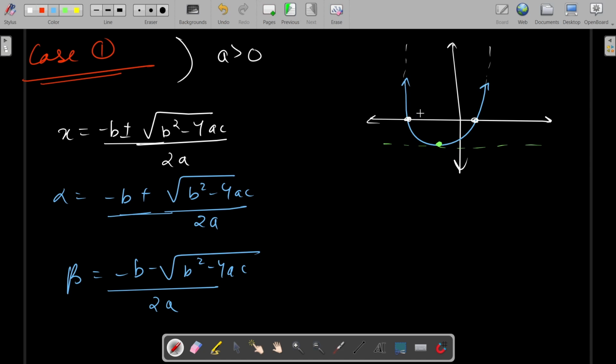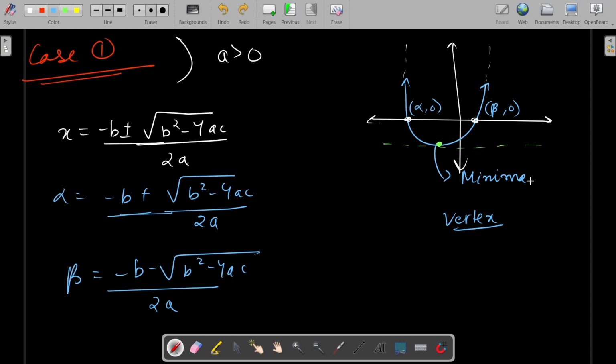Now, this point has the coordinates alpha comma 0, and this point has the coordinates beta comma 0. And this point, which is called the minima, or in general, the vertex, is either the minima or the maxima.